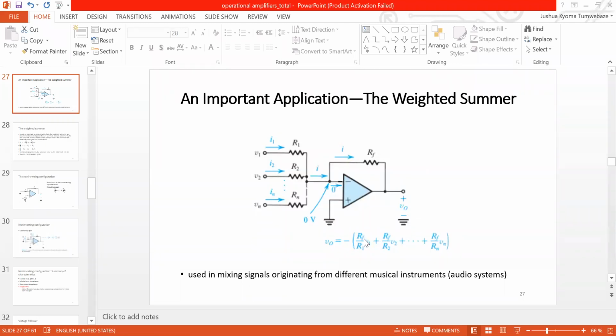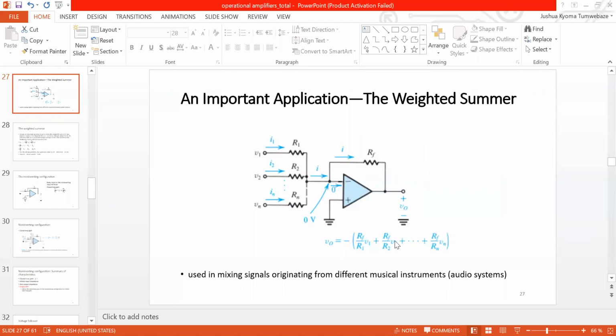And we talk about weighted summing because of the factor RF over R1, which multiplies V1, and RF over R2, which multiplies V2.